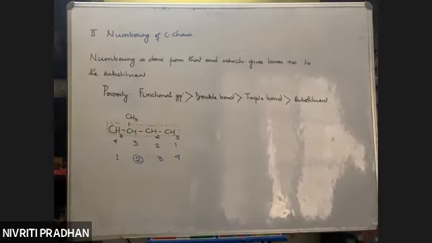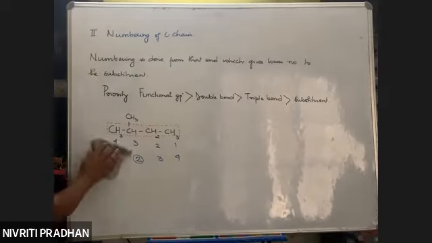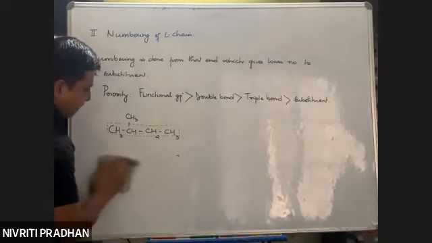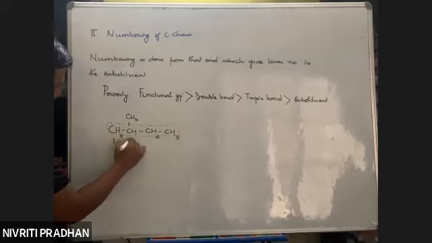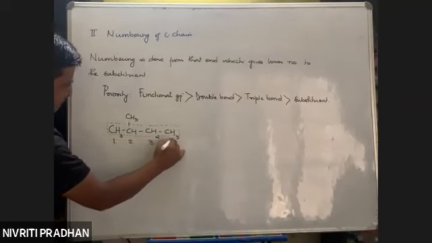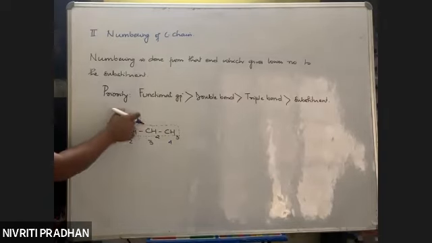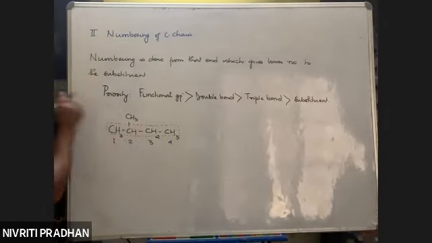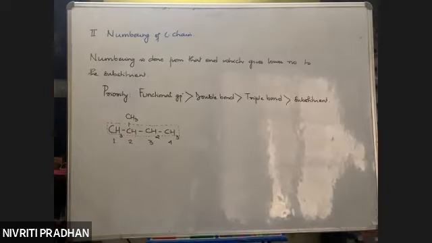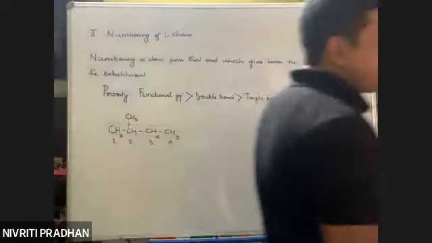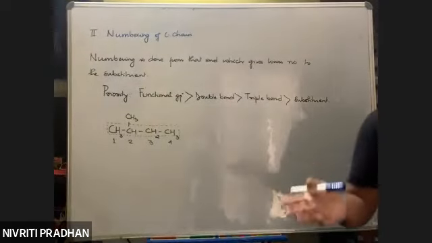So where do I start numbering from? I'll start numbering from the left hand side, 1, 2, 3, 4. The carbon atoms where the substituents are located are known as locants. Locants means the carbon where the substituents are located. Now, where is the substituent located?